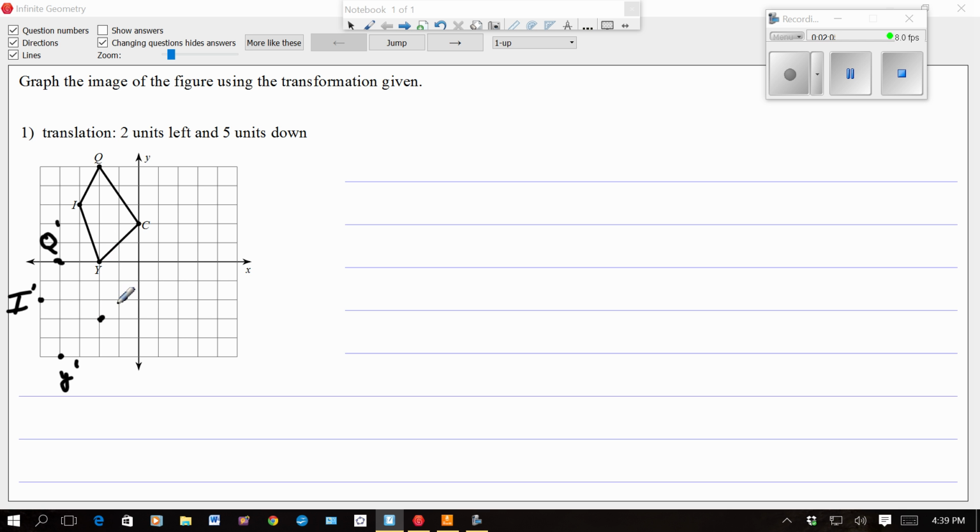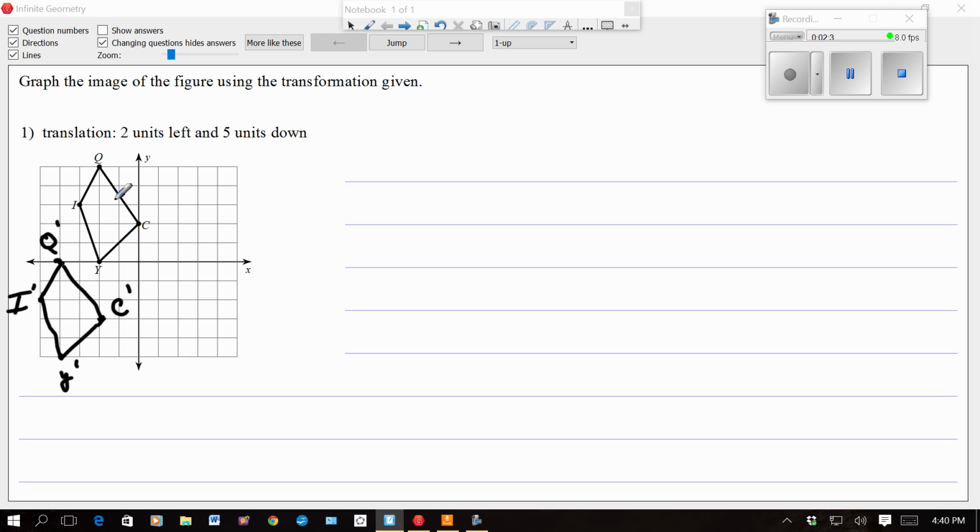So we call that one C prime. So there's our new quadrilateral. We try our best to get these lines straight with a ruler. I don't have a ruler, so I want you to use a ruler now, okay? And that's what it would look like if I was to move this 2 units to the left and 5 units down.